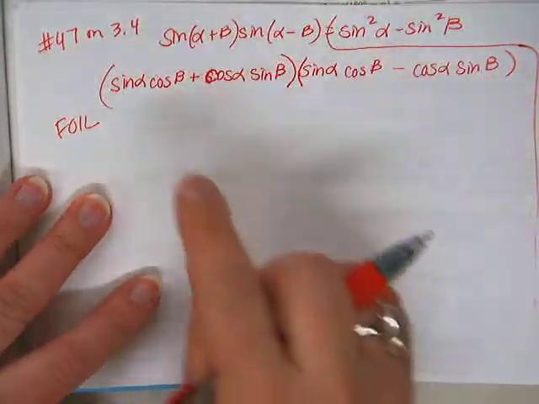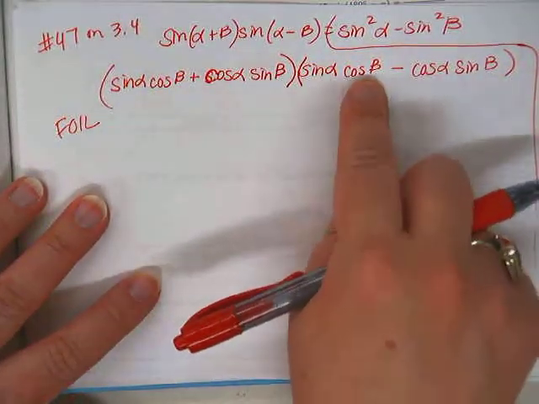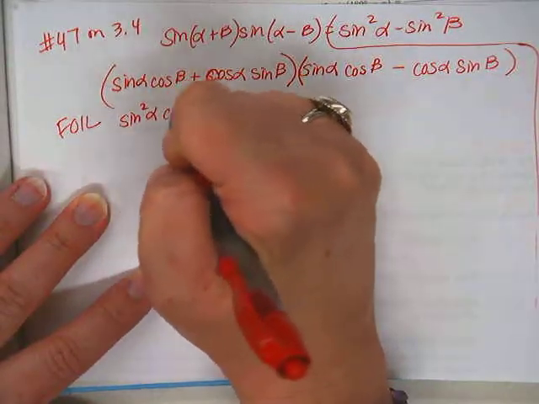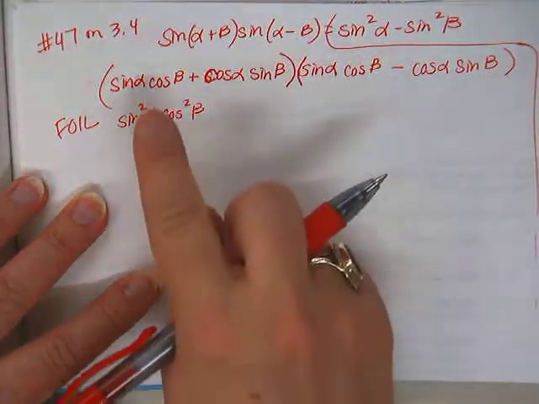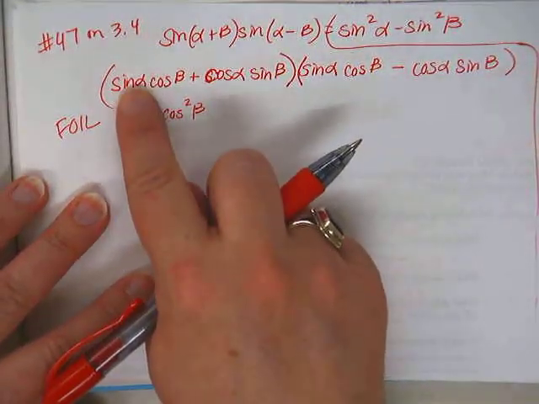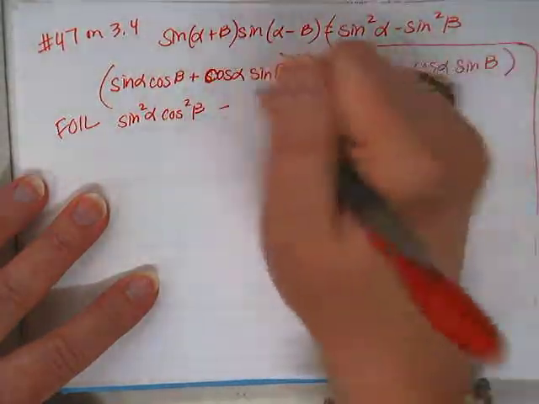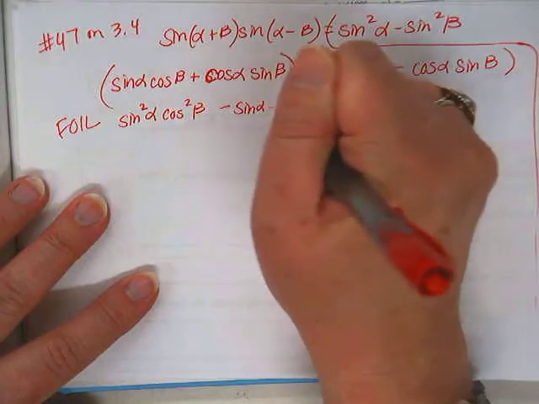FOIL. Good. So I'm going to go sine alpha cosine beta times sine alpha cosine beta. There's my firsts. So that gives me sine squared alpha cosine squared beta. Then I'm going to go outside, sine alpha negative cosine beta, or negative cosine alpha, sorry.